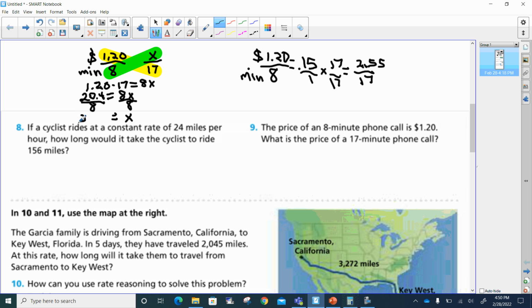And that's $2.50, or 55 cents, excuse me. Right? And it came out kind of sloppy. I'm going to correct it. 2.55. All right, and that's the same as what we had over here. So what is the price? $2.55.